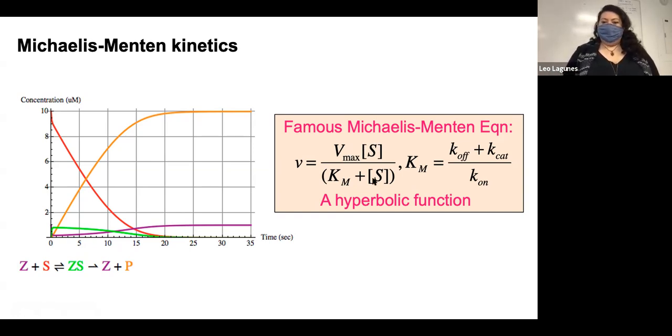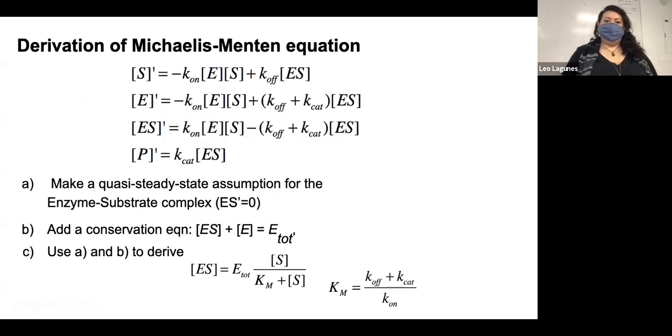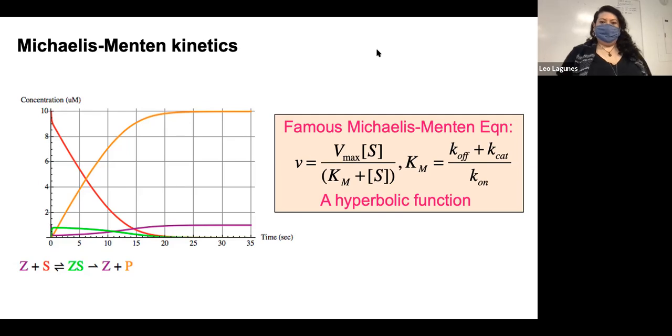We have the substrate and Km, which a lot of you might have heard of before, and the substrate in the denominator. So what I wanted to do was go over the derivation. I put it in the slides for future reference, so you can have all the steps here, but we're going to go through them together. So let me switch screens really quick.